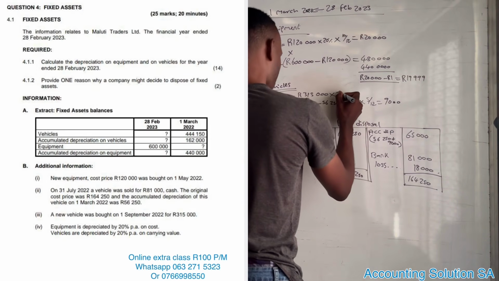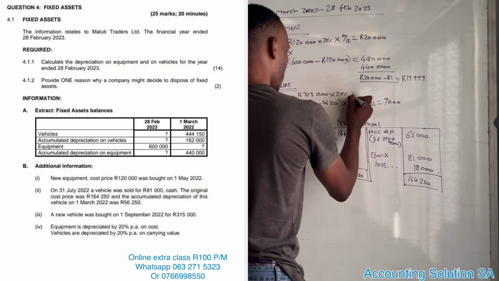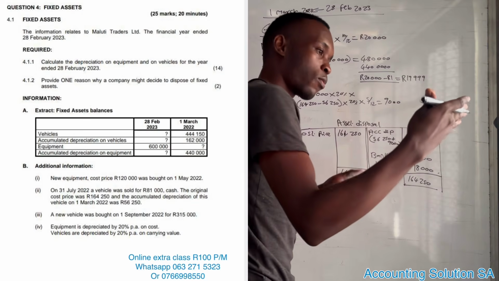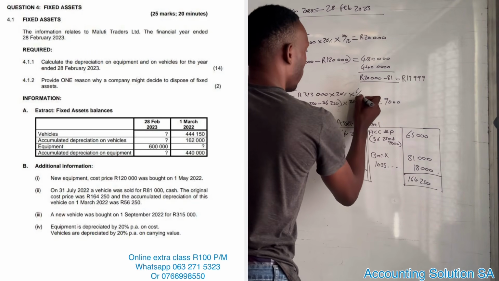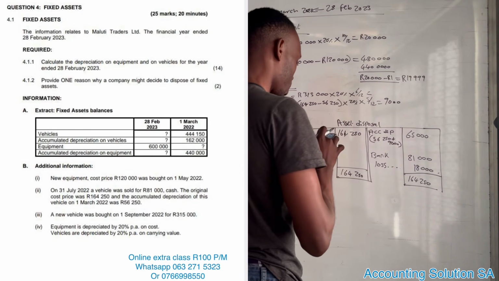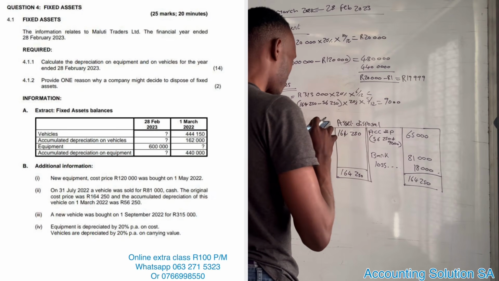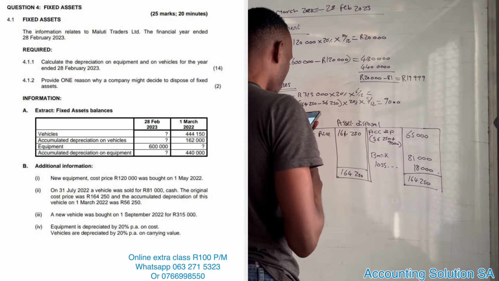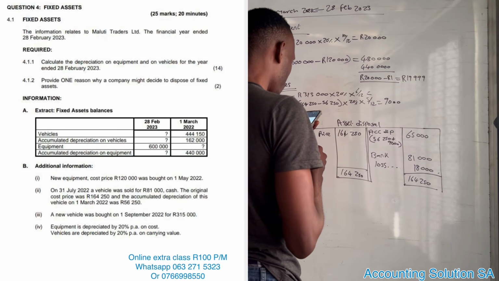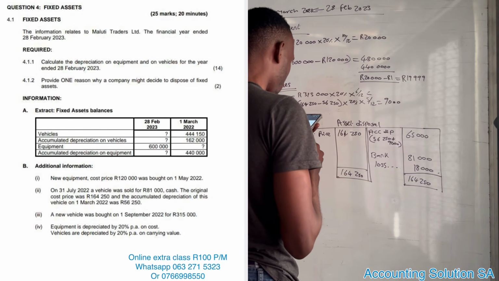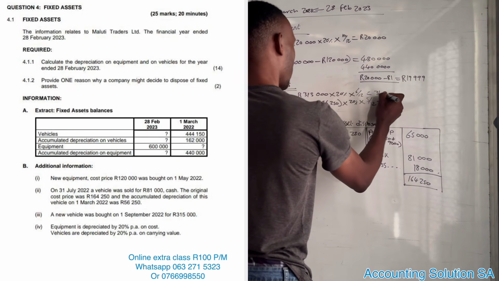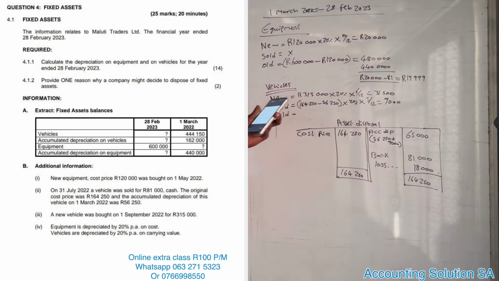We just multiply by 20%, and we count months: September, October, November, December, January, February. That is 6 over 12, and it gives us 31,500.